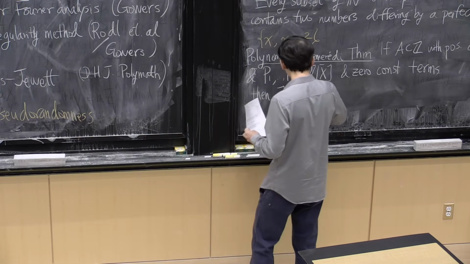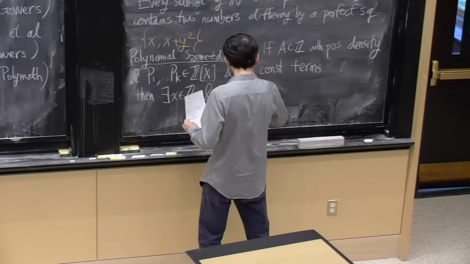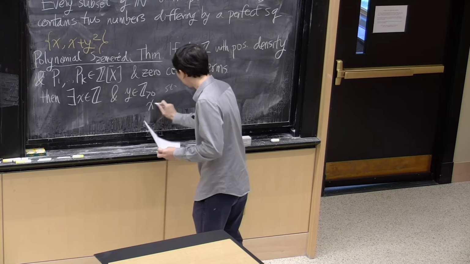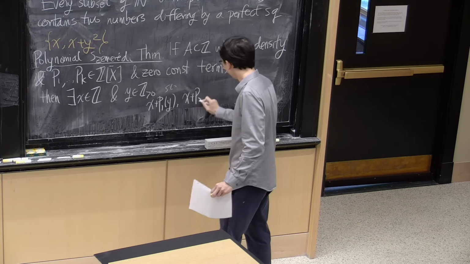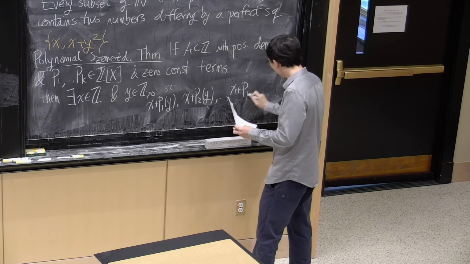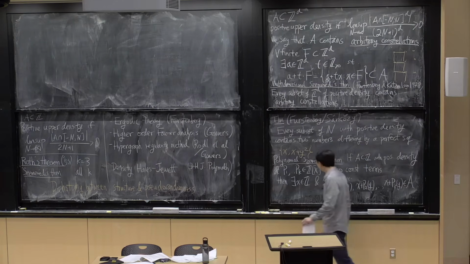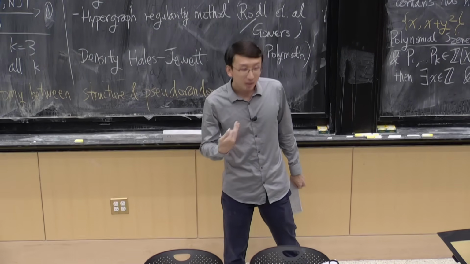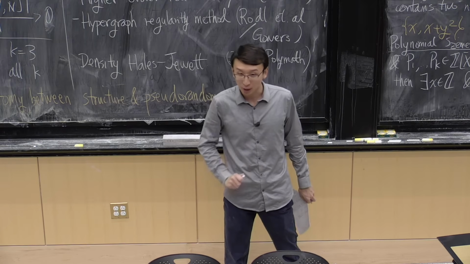There exist some x and positive integer y such that x plus p1 of y, x plus p2 of y, and so on, x plus pk of y, all lie in A. In other words, succinctly, every subset of integers with positive density contains arbitrary polynomial patterns.